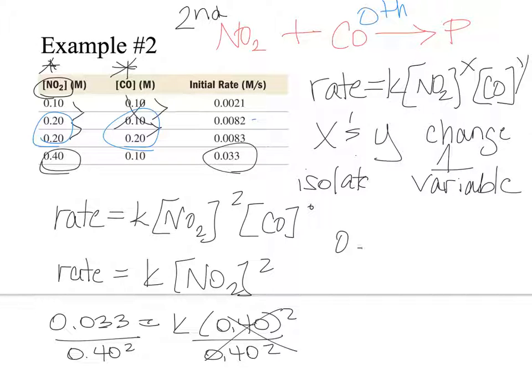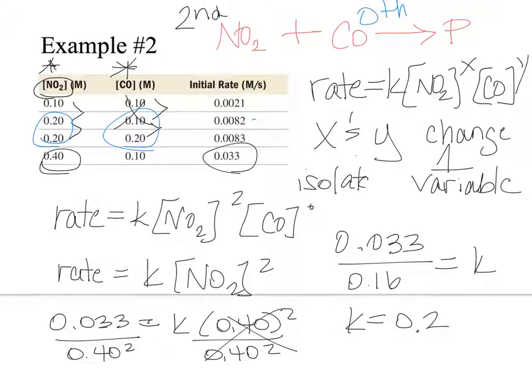So that becomes 0.033 divided by 0.16. That's equal to my k. And I'm getting k is equal to 0.21 if we're going to sig figs. And this would be, rate is molarity over seconds, and this would be molarity squared.